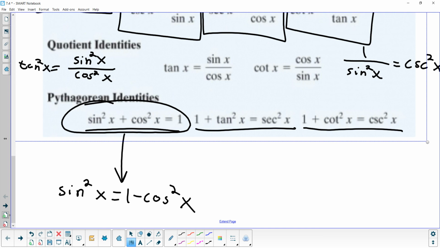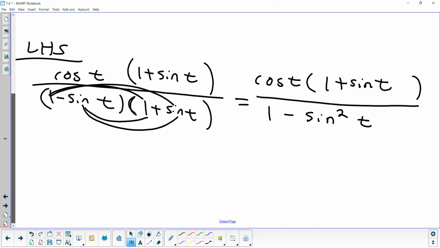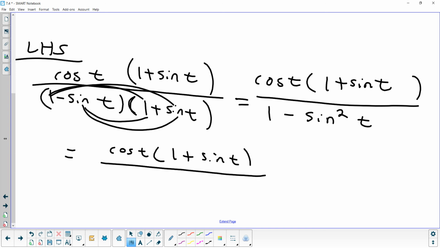Yeah, it's this identity rewritten. If you put the sine squared on the other side, 1 minus sine squared turns into cosine squared. So let's do that. Keep the top, 1 plus sine, and the bottom turns into cosine squared.